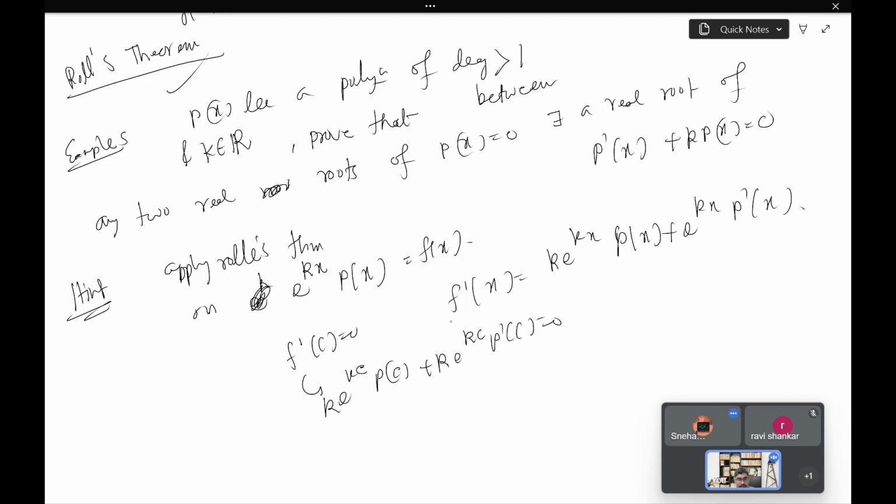So obviously, cancel e to the power kc, so kP(c) plus P prime c equal to 0, right? Yeah, correct.